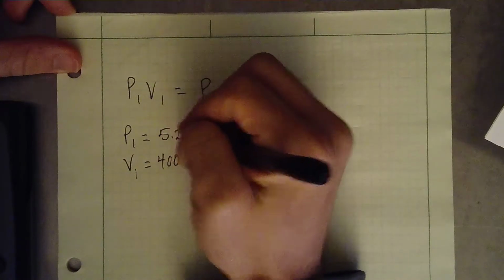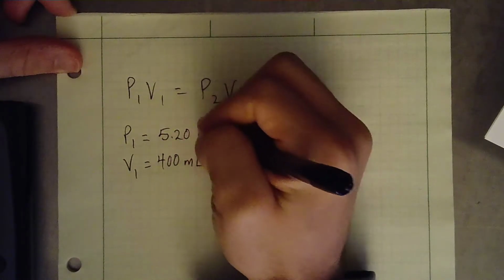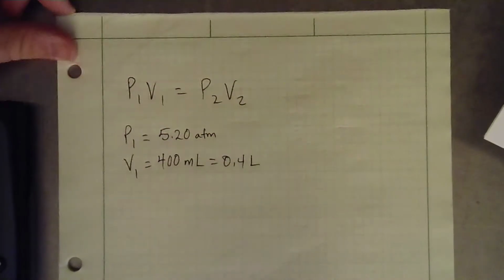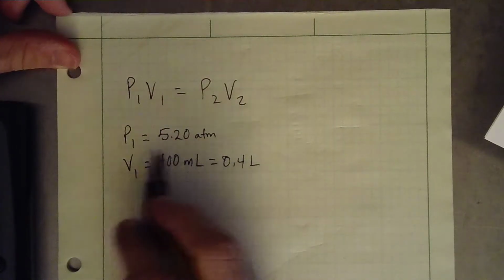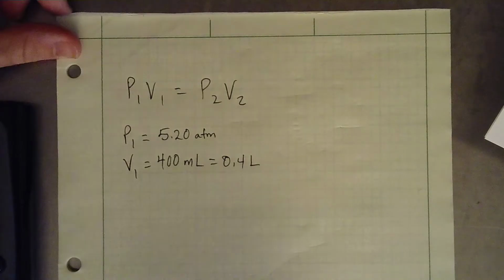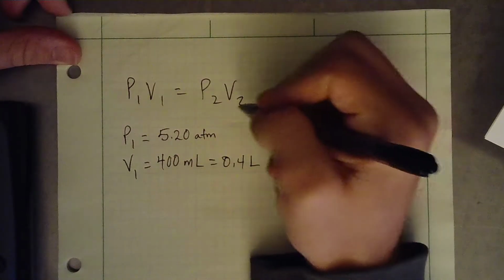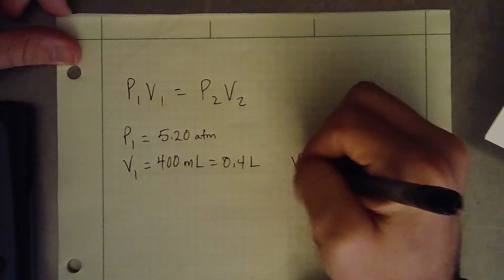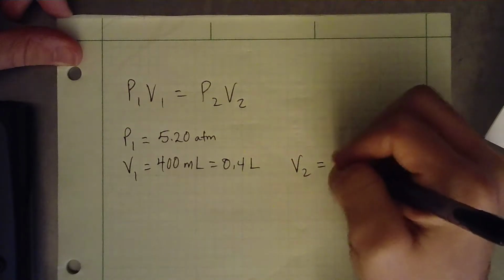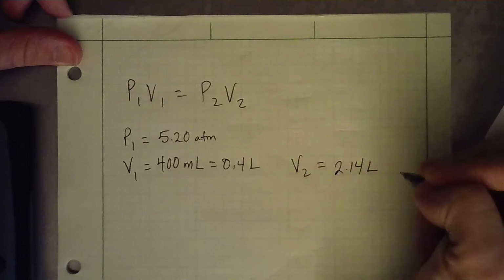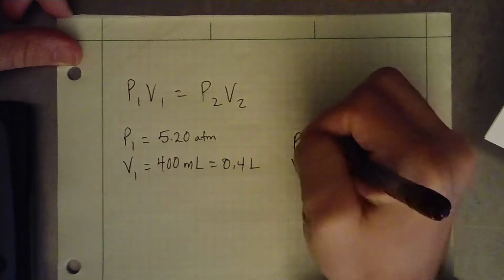And my initial pressure was 5.20 atmospheres, fairly compressed, right? Roughly 5 times that of atmospheric pressure. And so we're taking all of this gas and spraying it into a new, larger volume, which they give us, 2.14 liters. And the question is, what is that new pressure?